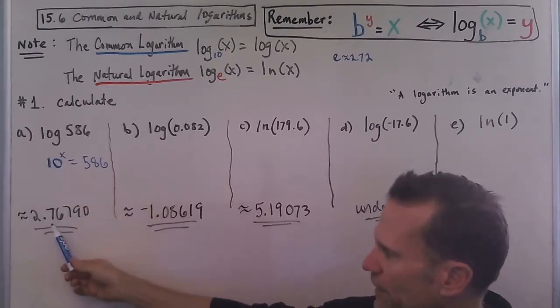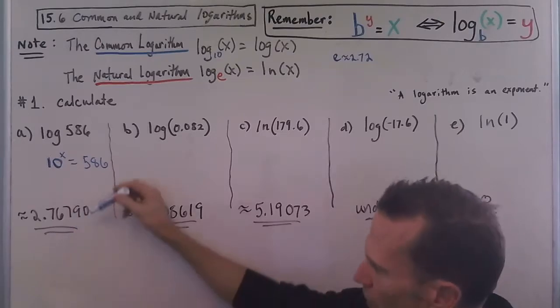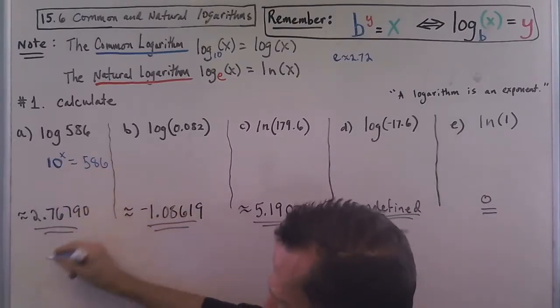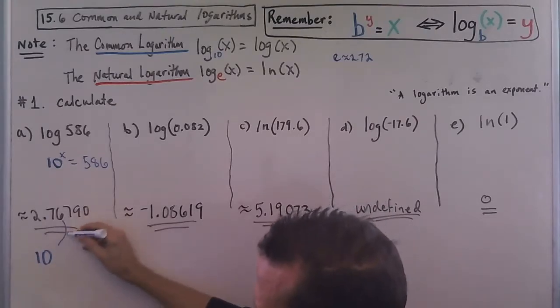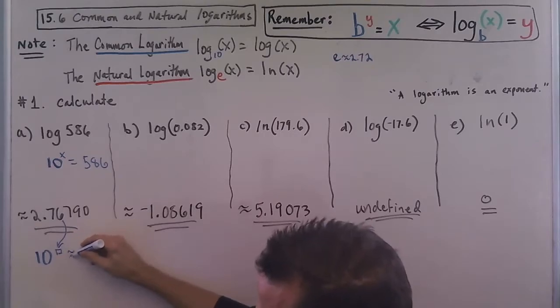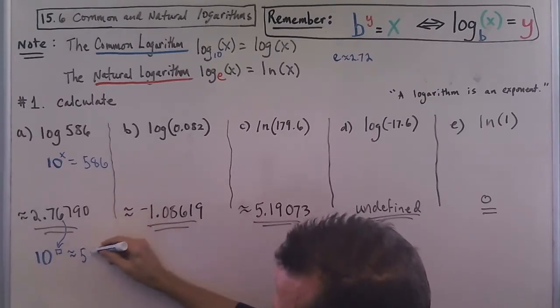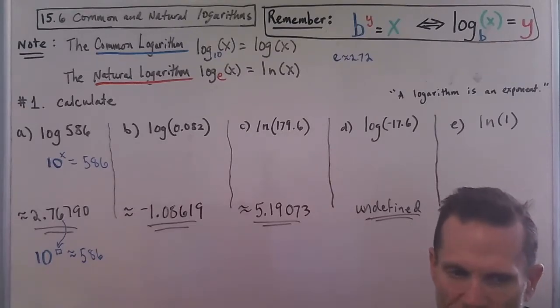But if we get this approximation here, we could put this approximation into our calculator to test that it's true. We could put this in as the exponent here, and compute it. And what you would see is you would get about 586. We'd be a little bit off because of our rounding.